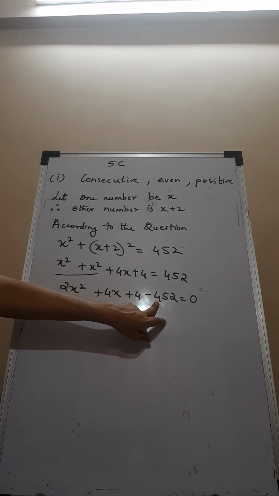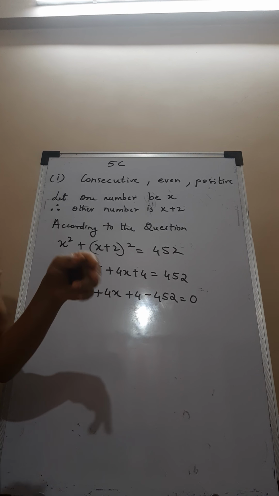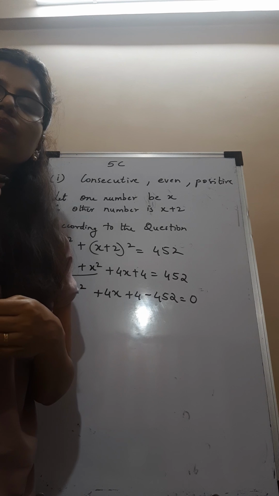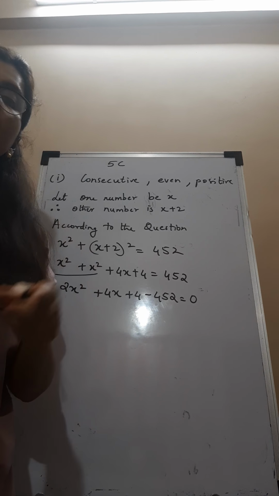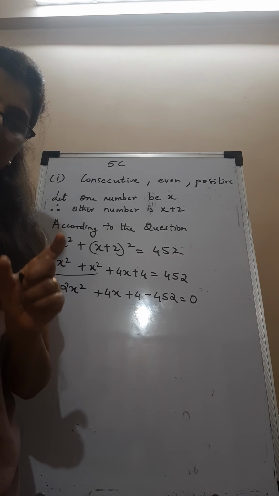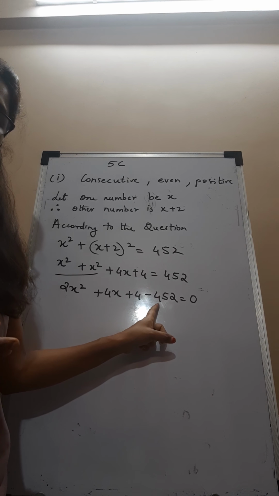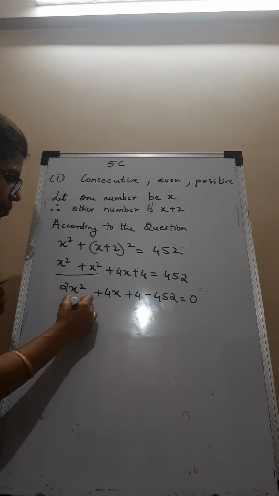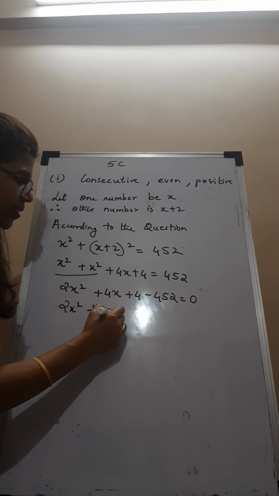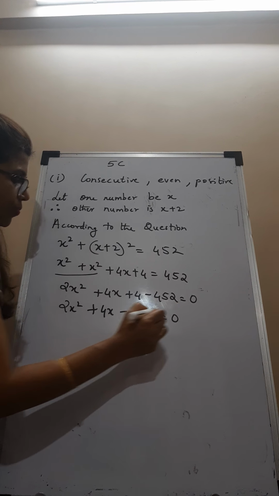Now this is minus 452 and this is plus 4. So when one number is negative and the other number is positive, what you do is you subtract, and to the number which you get as the answer, you give the greater number's sign. So here you will get 2x square plus 4x minus 448 is equal to 0.